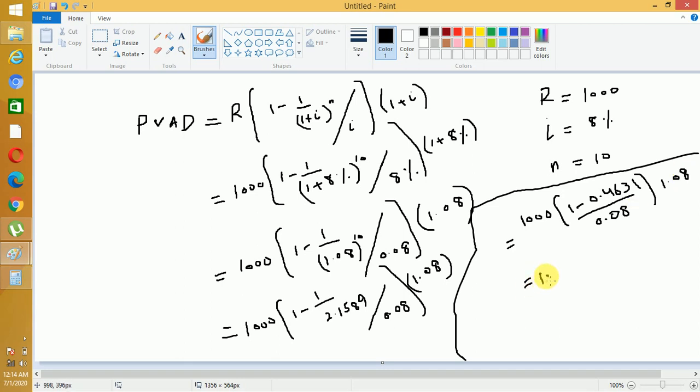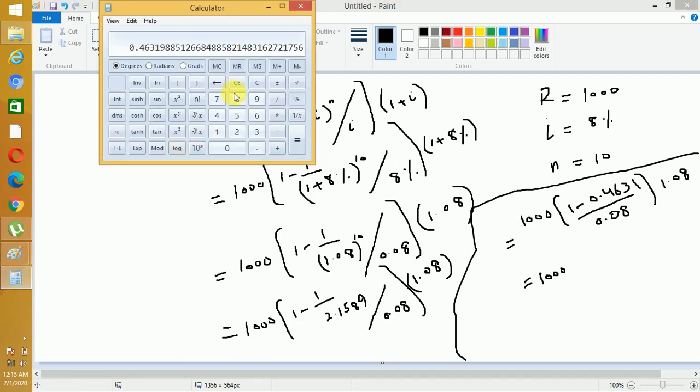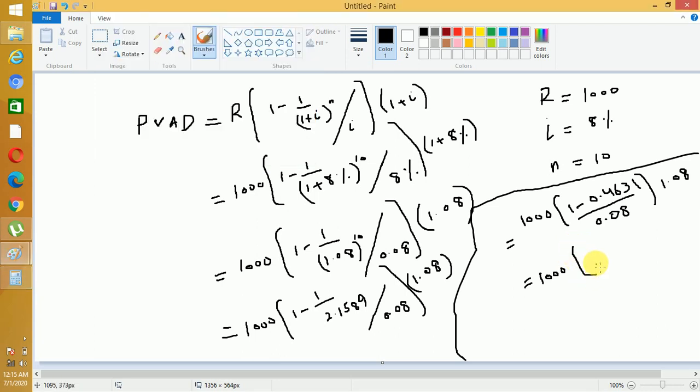Now, write 1000 times 1 minus 0.4631. So 1 minus 0.4631, we got 0.5369.